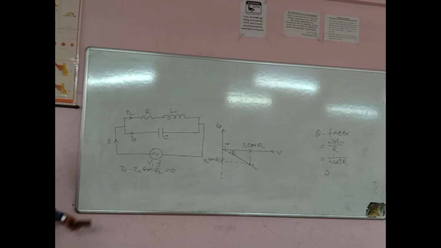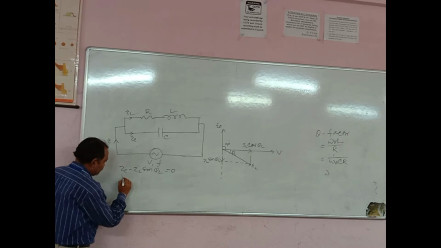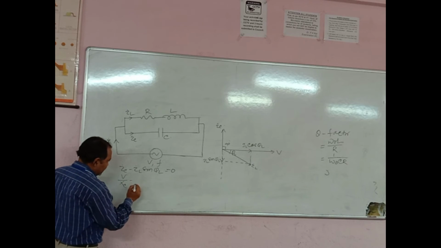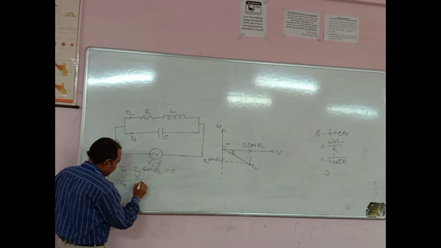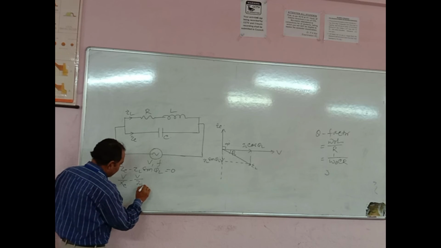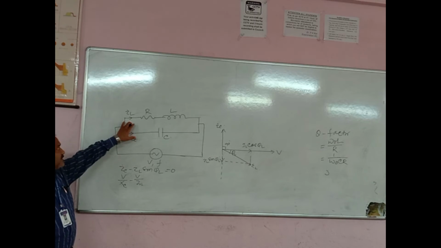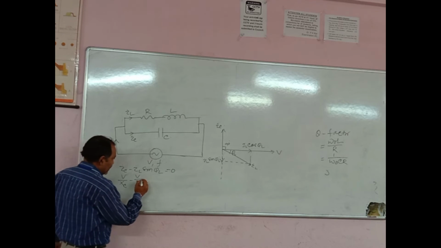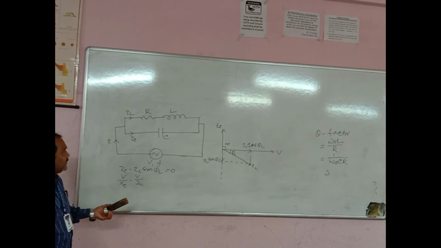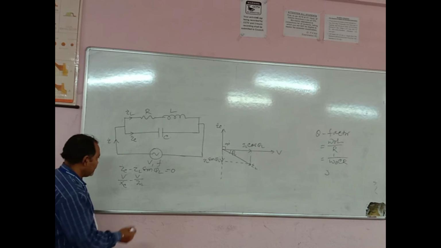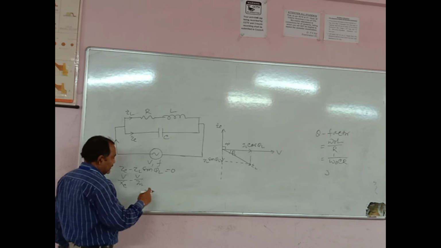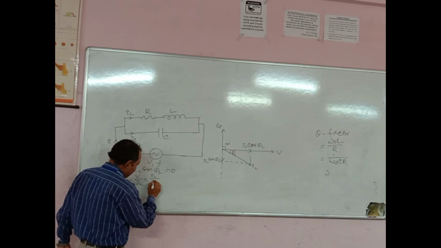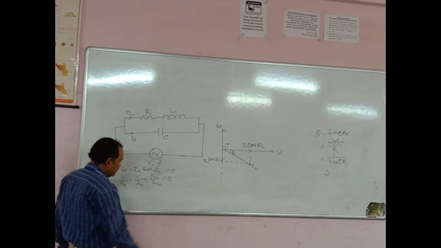In this case we know that IC is equal to V by XC, minus IL, which is V by ZL, because this branch consists of R and L both, so this is ZL, times sin phi L. We know that cos phi is equal to R by ZL, and similarly sin phi is equal to XL by ZL, and this should be equal to 0.